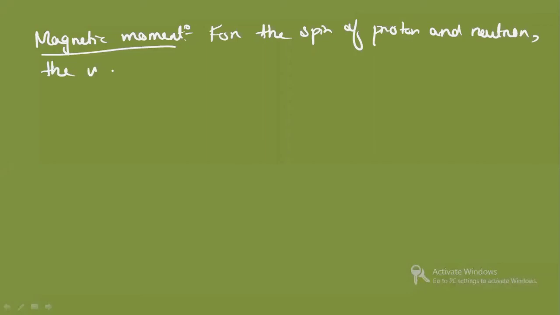So I will write here: due to the spin of the proton and neutron, the magnetic moment of the nucleus arises.